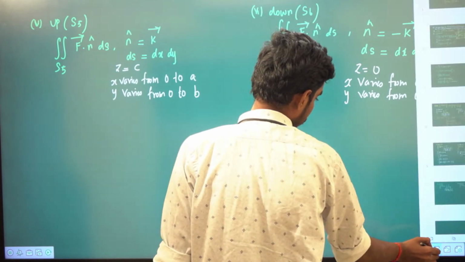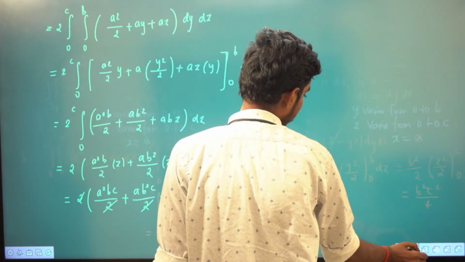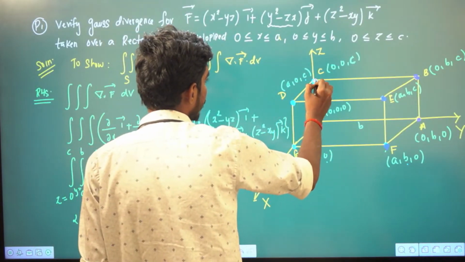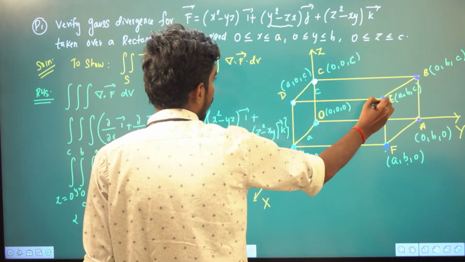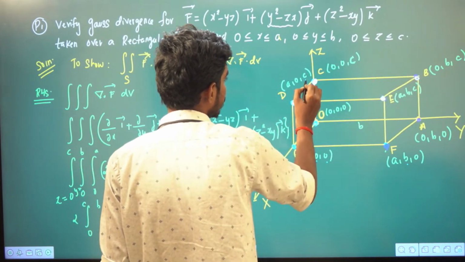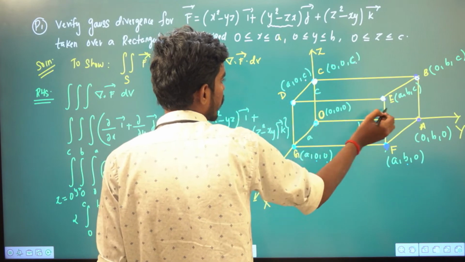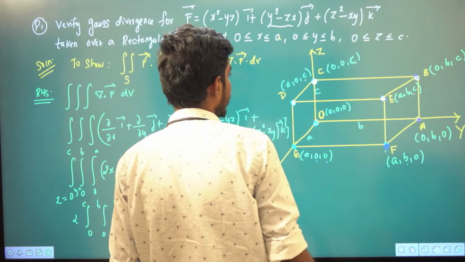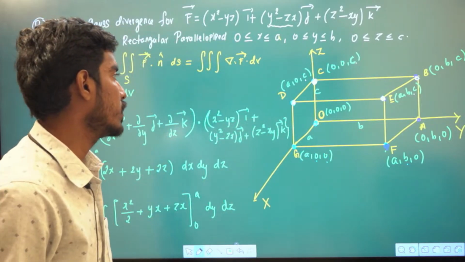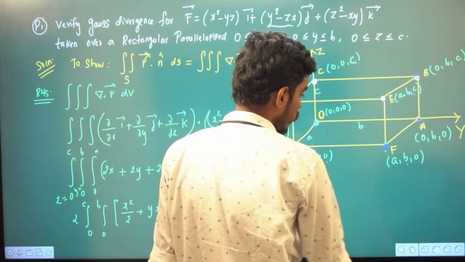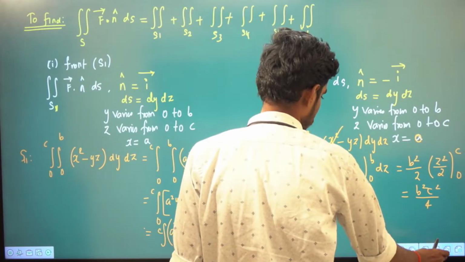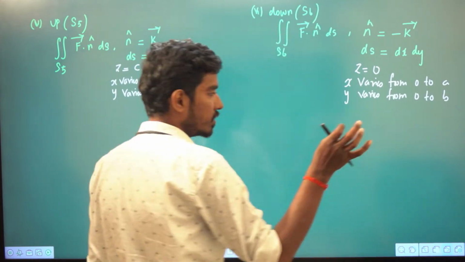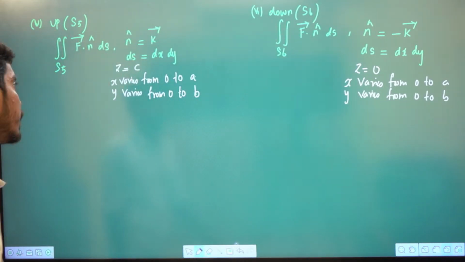You can easily find out why z is c. You can see for the up, this is your up, and for this you can see z is c, so z is fixed, and you can see x varying. X varies from 0 to a, y varies from 0 to b, and for down z will always be 0, fixed, and x and y are varying.